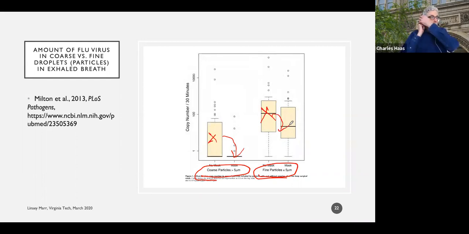So the bottom line to this is that, again, if in fact SARS coronavirus 2 behaves like influenza, surgical masks will do a good job of preventing droplets from being exhaled into the ambient environment if they're in coarse particles. But the coarse particles are the lesser of the amount emitted compared to the fine particles, and the surgical masks will not have as major an effect on that fine particle fraction.